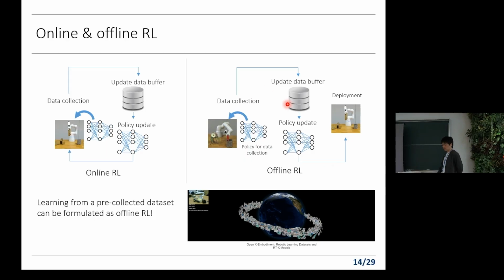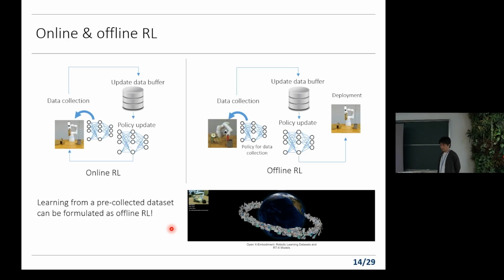This setting looks a bit weird because we do not iteratively collect the dataset, but actually, this is very suitable for applying to VLM models. When we train VLM models, we have a large-scale dataset, and what is important is to exploit the large-scale dataset first before collecting additional data points.